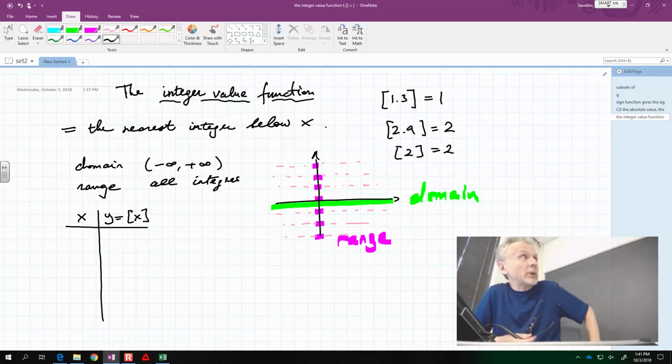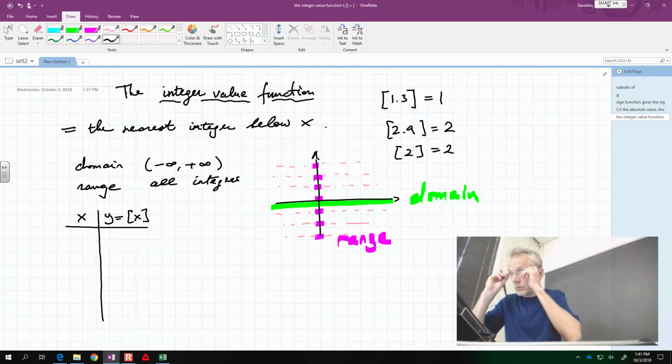I'll take some integers, but I need a lot of non-integer values to actually show what's happening, because that's where things are happening. As you can see, the fractional values are where the answer is unpredictable, or predictable but not obvious.